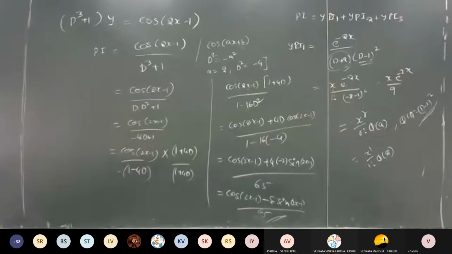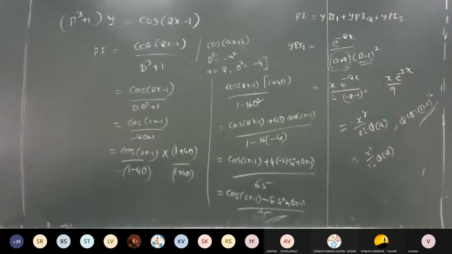So up to now, we have been discussing differential equations with constant coefficients. Constants means 1, 2, 3 like that. But now we have two important methods, that is Cauchy Euler's method and Legendre's method.